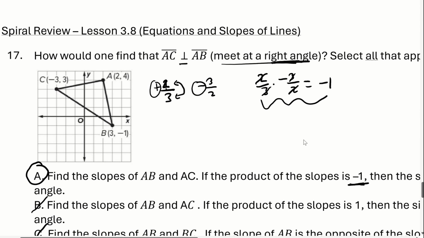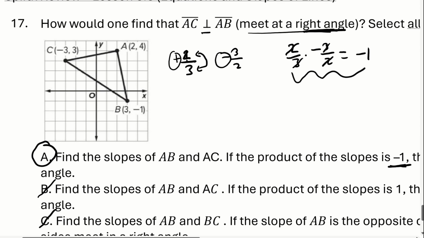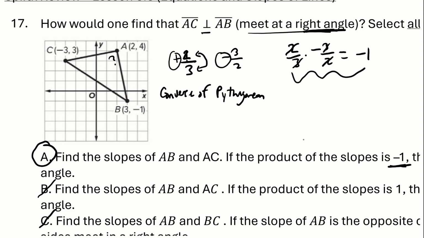The next way that you can do this is if we want to prove that this is a right angle here, then we can use the converse of the Pythagorean theorem. Let me write this out here. Let's call the sides A, B, and C. Remember the Pythagorean theorem states that if you have a right triangle, then A squared plus B squared equals C squared.